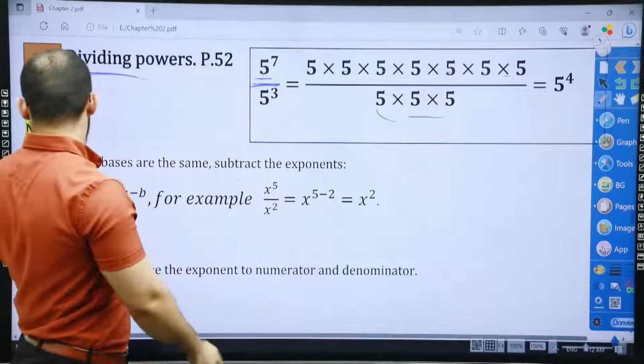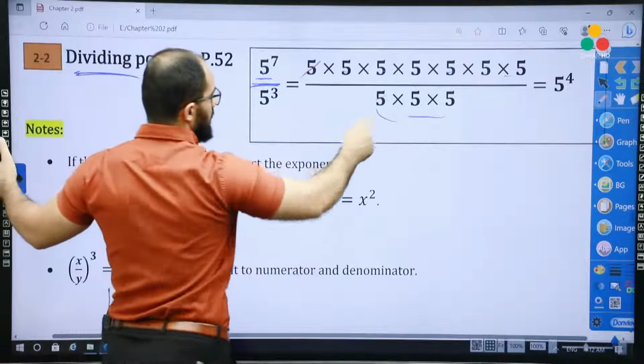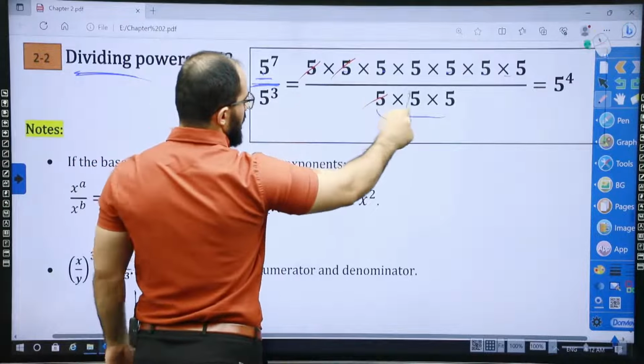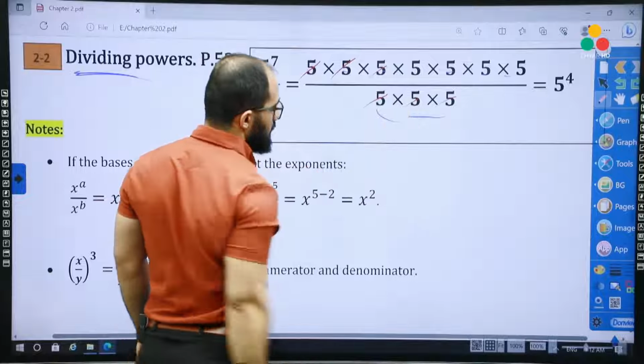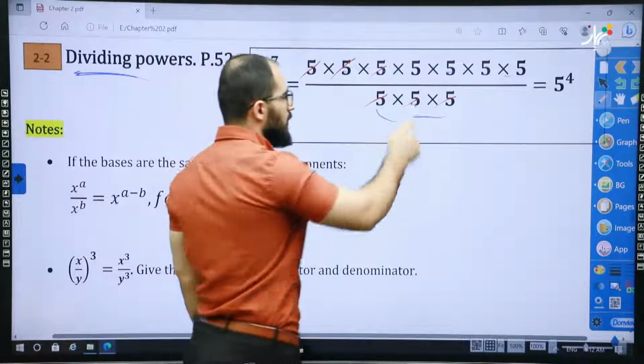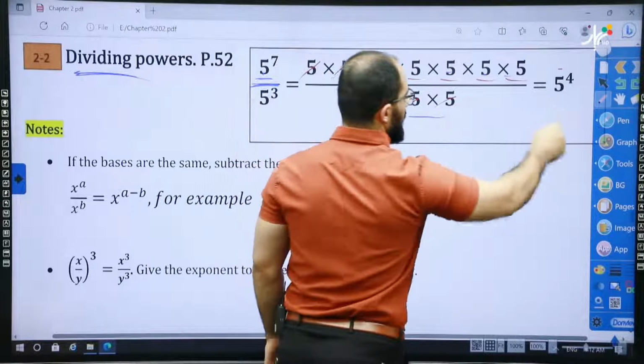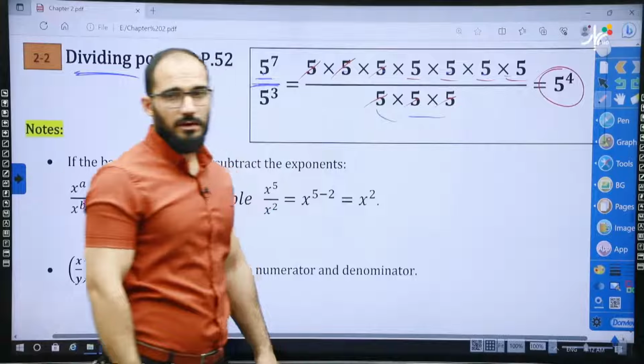So if we cancel the 5s, in the denominator there is no 5, and in the numerator 1, 2, 3, 4. So it's going to be 5 power 4.